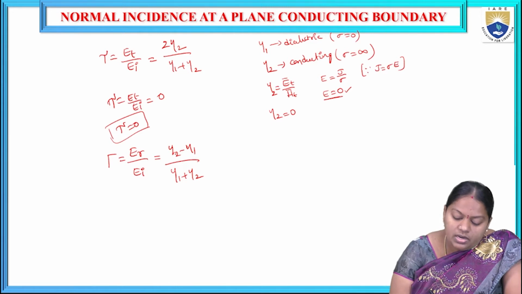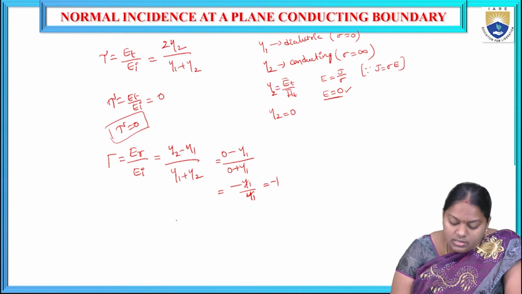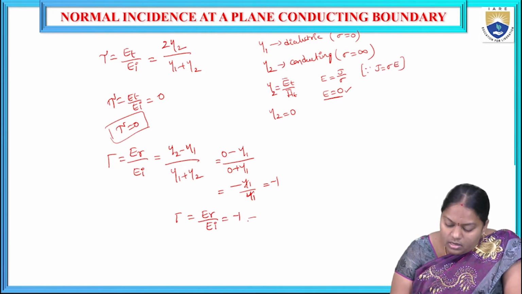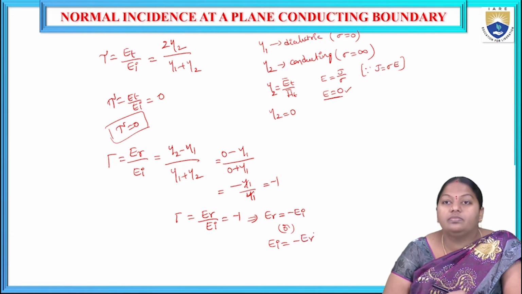If we substitute eta 2 by 0 in this case, then 0 minus eta 1 by 0 plus eta 1, which is equal to minus eta 1 by eta 1. Both get cancelled, and the resultant is equal to 1. So gamma equal to ER by EI equal to minus 1. From this relation we can say that ER is equal to minus EI, or EI equal to minus ER. Right?